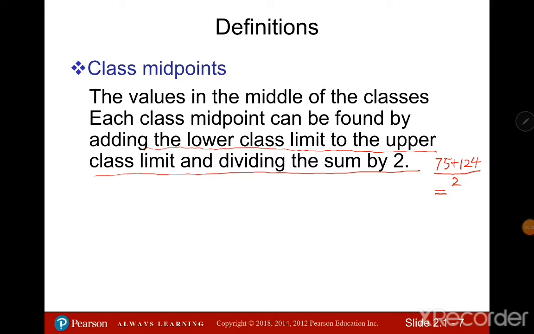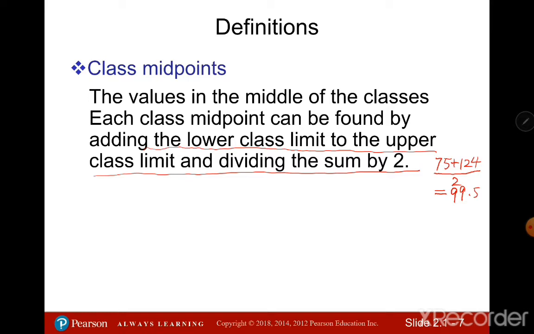Alright, I got my calculator. So the answer is 99.5. This is how we get the class midpoints. If we have 5 classes, then we can get 5 class midpoints. Make sure you have your calculator with you because in our class we will need the calculator.